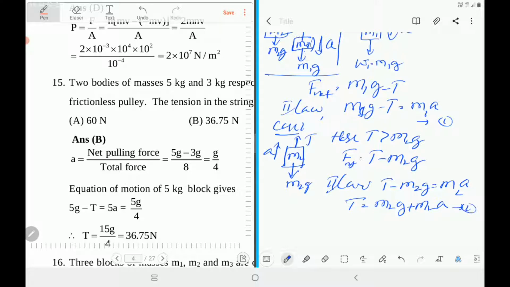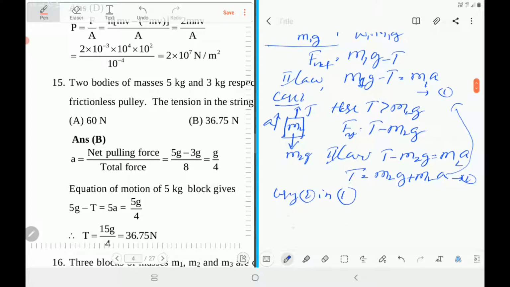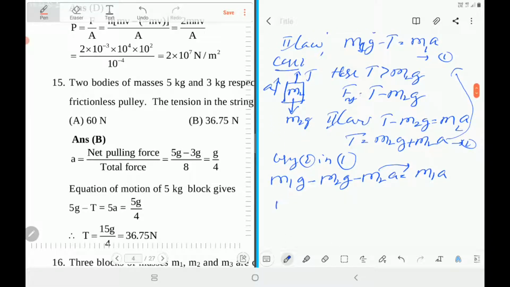We are going to use the value of tension from equation 2 in equation 1. Thus, solving for a using 2 in 1. Very simple. If I do that, m1g minus, in the place of T you write m2g plus m2a, equals m1a. Take this m2a to that side. On the left side you have m1 minus m2 times g.